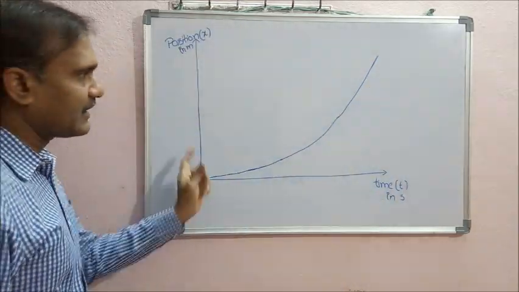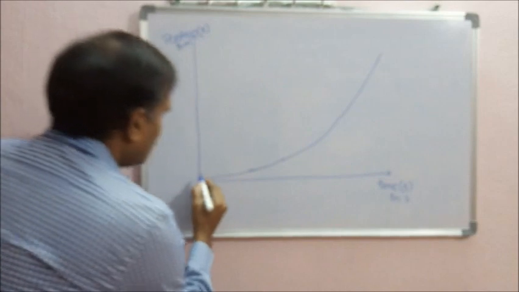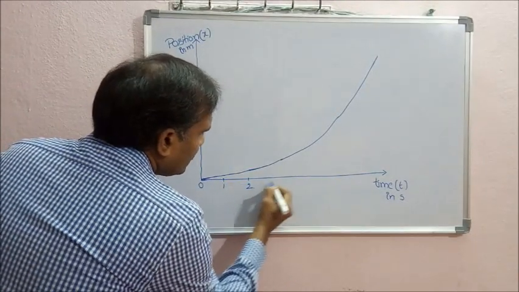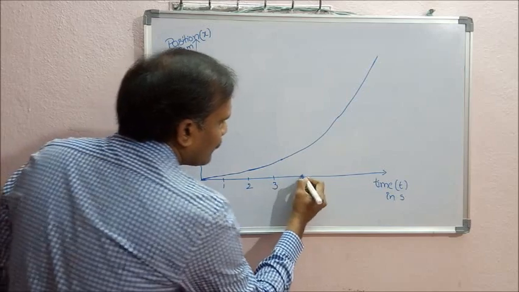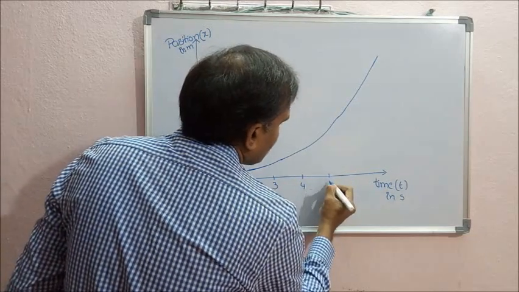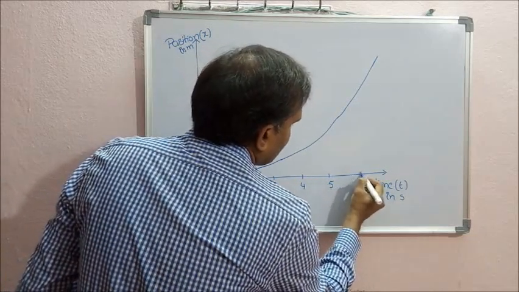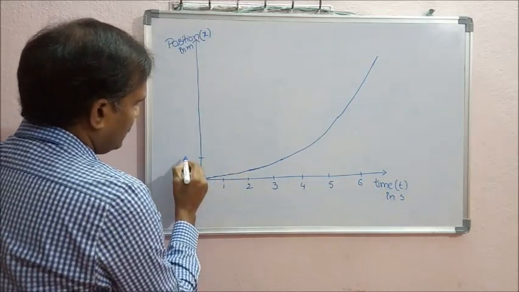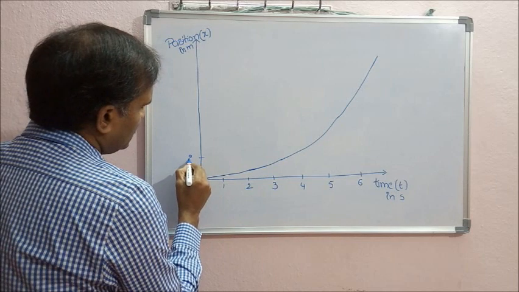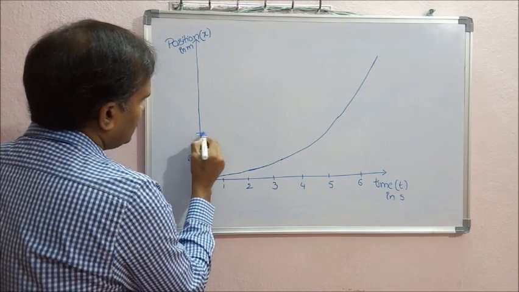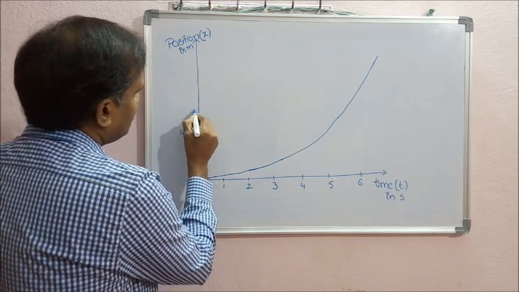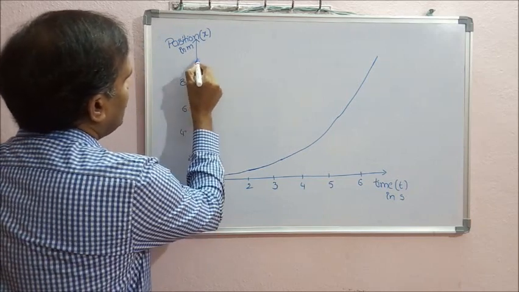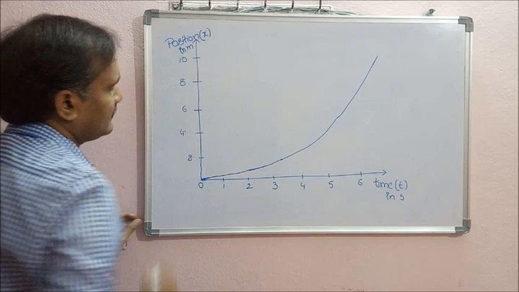We will consider the graph in this manner. 0, 1 second, 2 seconds, 3 seconds, 4 seconds, 5 seconds, 6 seconds, and here it is 2 meters, 4 meters, 6 meters, 8 meters, and 10 meters.